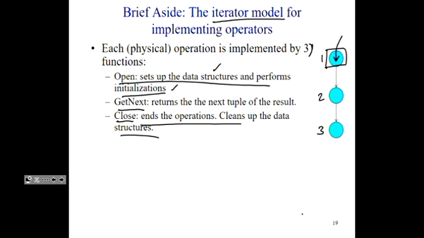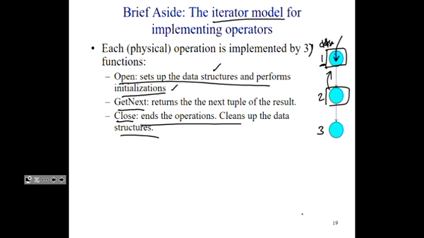And then when it's done, the calling function will call close, and that'll be responsible for closing up the execution of that operator. 1 in turn will use get next of 2 to get data that is necessary for its processing.